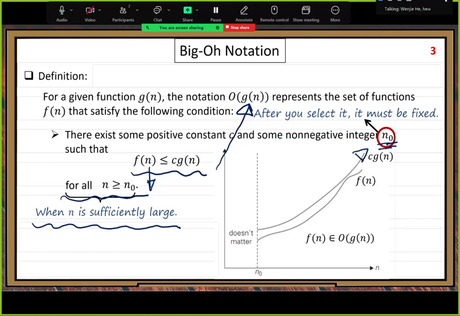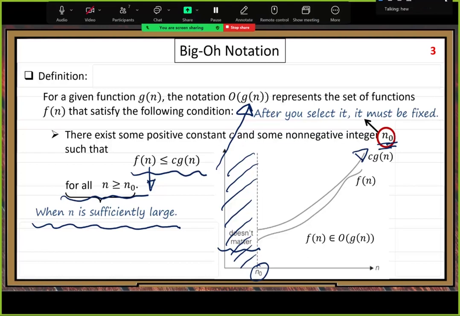But for complete cover, there is a special part: only after the vertical line at n0. Before this vertical line, we don't look at it. Before that vertical line, whether the c constant multiple of g covers the f function or not doesn't matter.